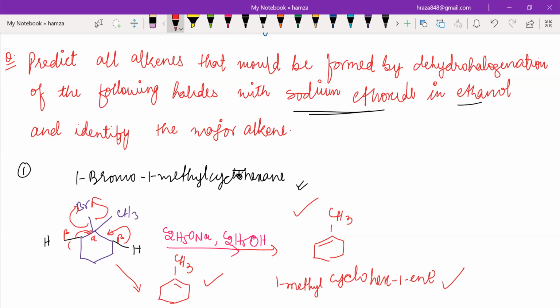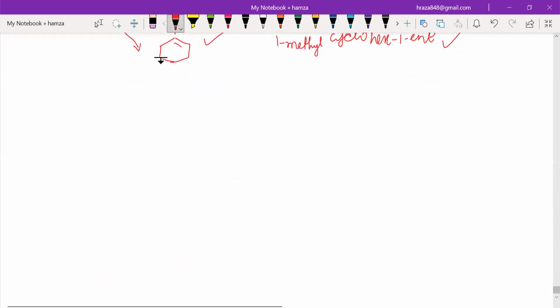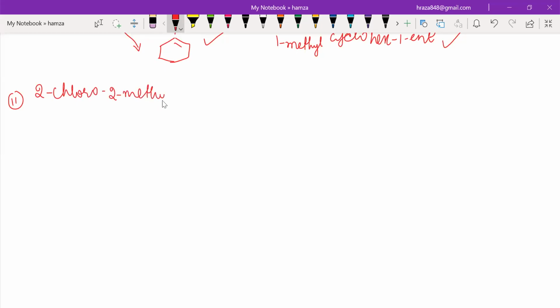Everyone done with this? Yes, sir. Okay. Now another part. This is the first part of the question. Now the next question is basically we are going to eliminate 2-chloro-2-methylbutane.